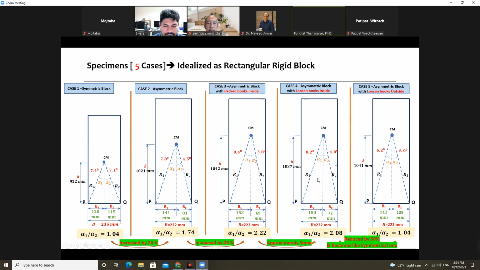Those are the input parameters. Yeah, please continue. I just think calculation sometimes is not as accurate as it is from the measurement. Okay.